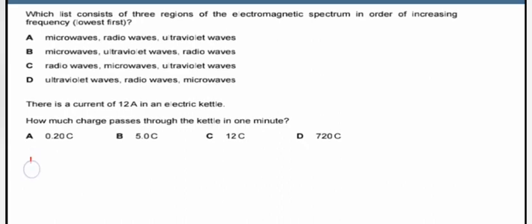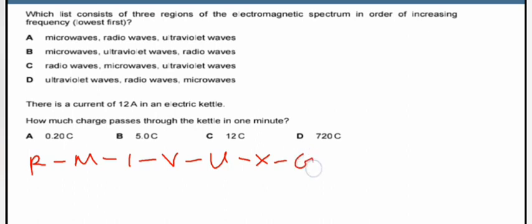So we have R representing the radio waves, M representing the microwaves, then I, representing the infrared, then V, representing the visible light, followed by U, which is unusual, representing the ultraviolet. Then we also have X, which is X-ray, which is Xmas. Then the last one, gift, which is G, representing the gamma rays.